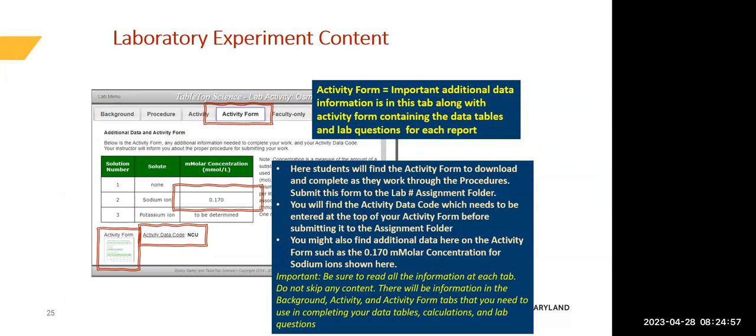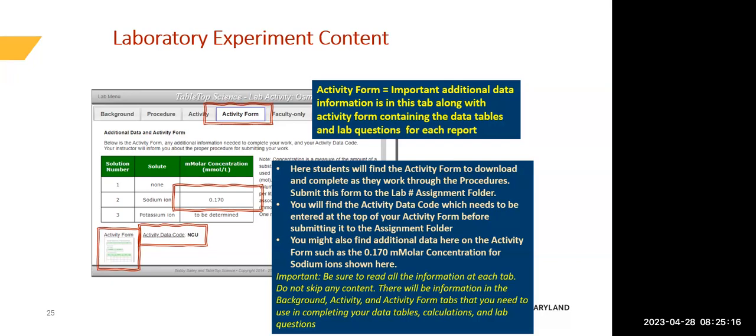And there's also one other point I want to make here about the activity form: there are specific data items that students might need to complete some of their calculations or complete some of the answers on the activity form.